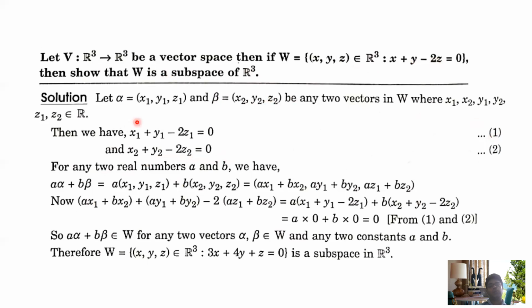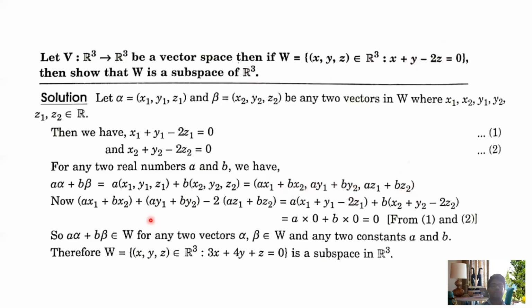Now for any two real numbers a, b we have a alpha plus b beta, that is a into x1, y1, z1 plus b into x2, y2, z2. If I simplify this, you have a x1 plus b x2, a y1 plus b y2, a z1 plus b z2.